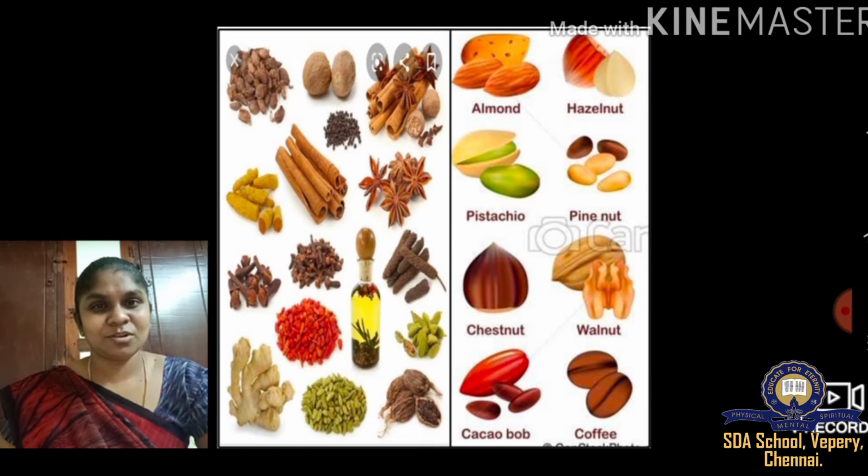What are spices? Cardamom, star anise, clove, and pepper. All these you know. And then nuts: pista, almond, and walnut. All these things we are getting from the plants.